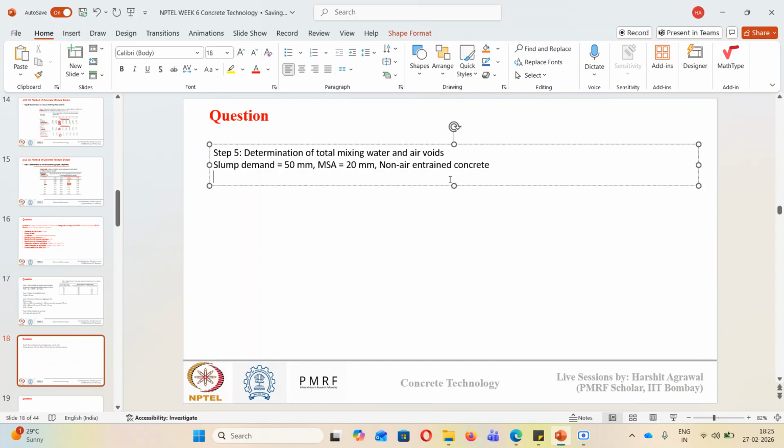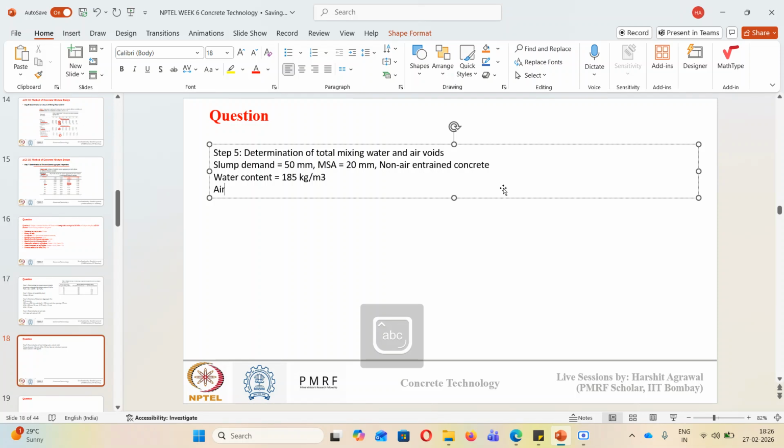So I will take water content equal to 185 kg per meter cube, and air void content is 2%.